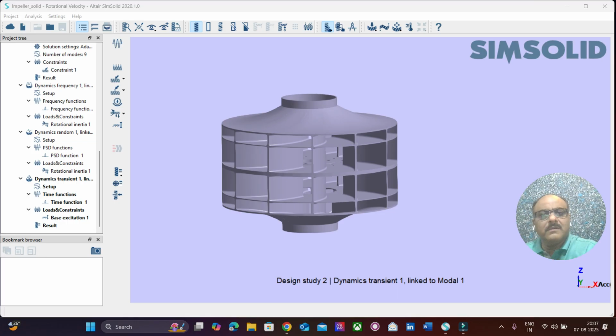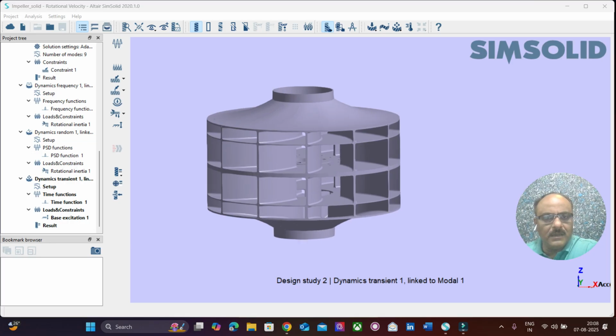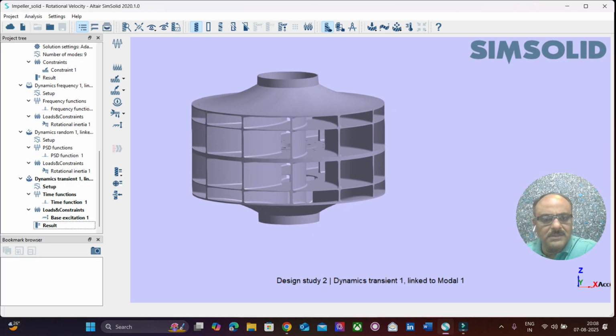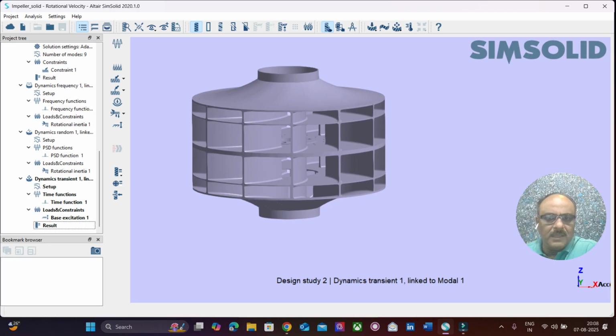So we had performed the structural simulation, and we found that the stresses were within the yield point, as well as the deformations were about 0.05 mm, and we even concluded that the system is safe.